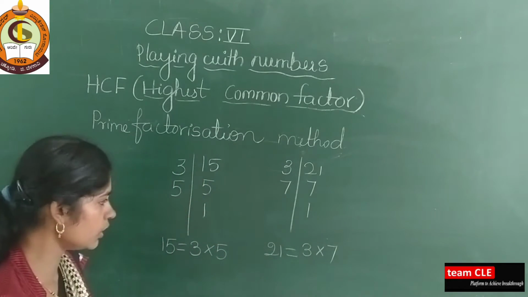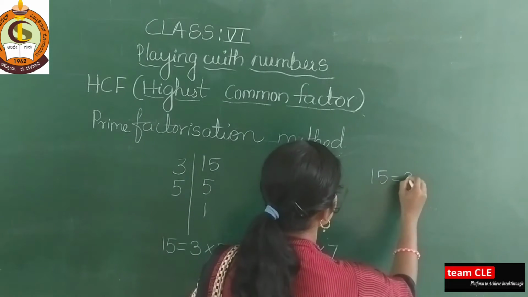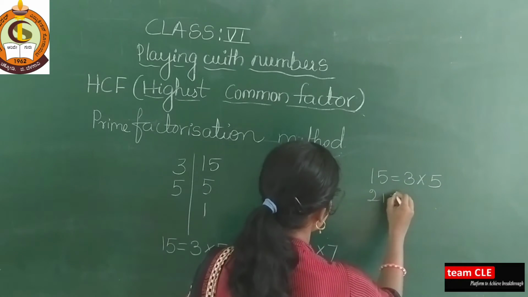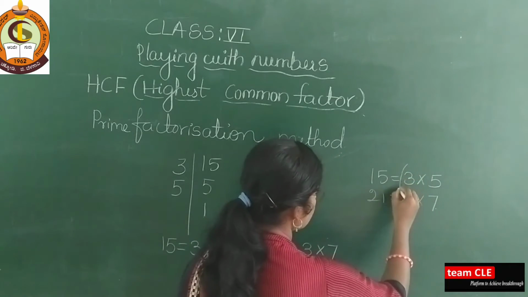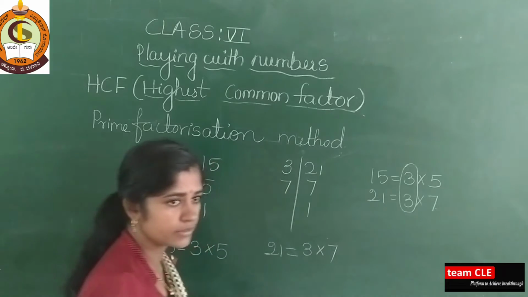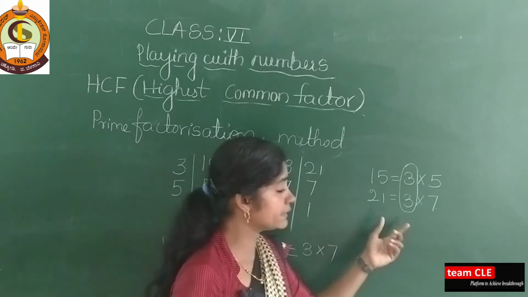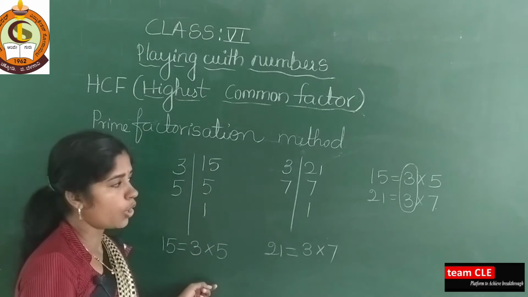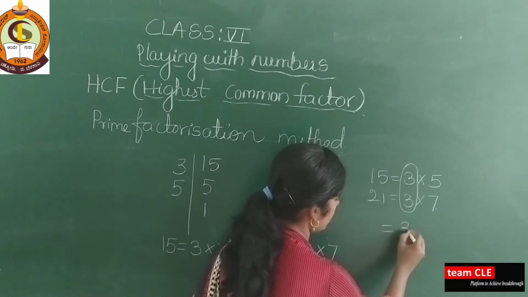So let us take here 15 is equal to 3 into 5 and the factors of 21 are 3 into 7. So let us circle this number. Which one is common on both sides? That is 3. Yes, on both sides the common digit is 3. Therefore the highest common factor of 15 and 21 is 3.